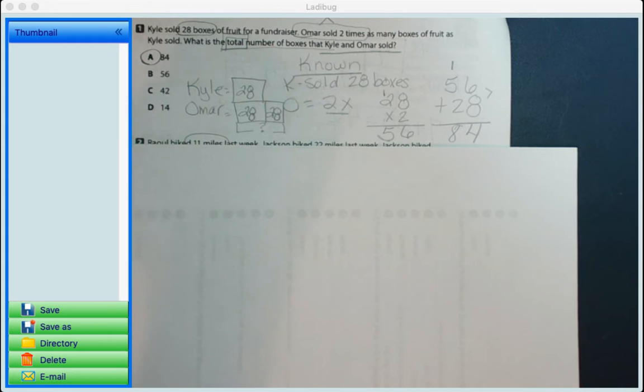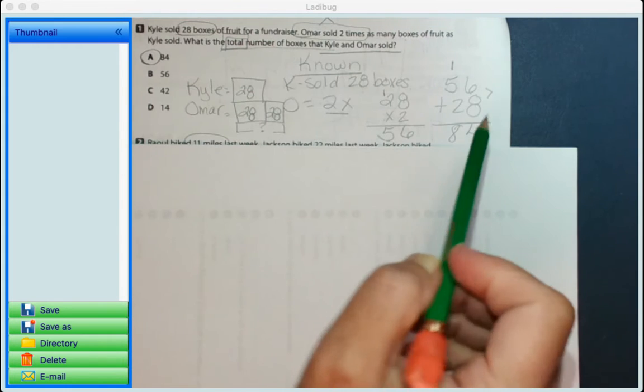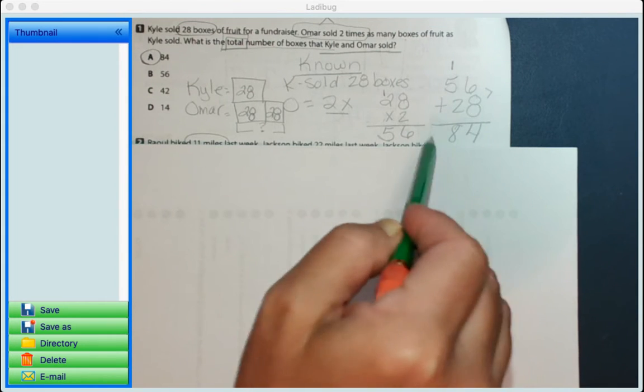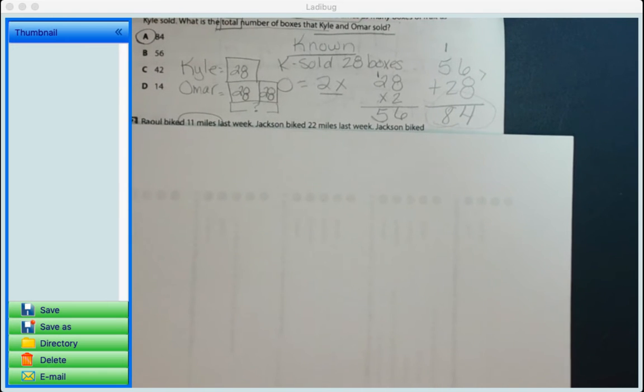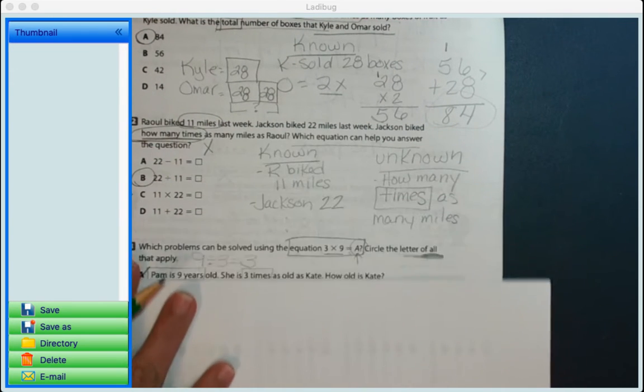But remember, this is a 2-step problem. So you have to do 56 plus 28 to get you 84. That is the total. Don't just stop at the first. Make sure you complete the whole question.